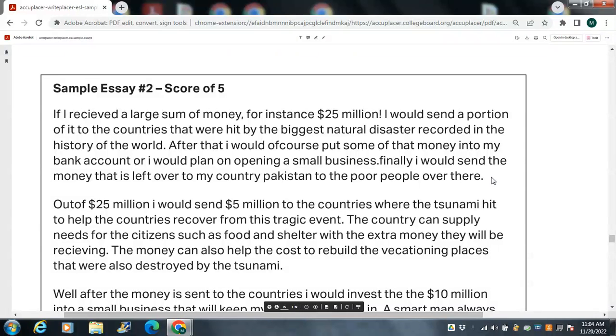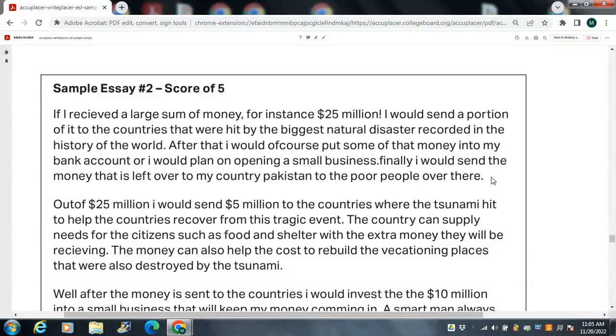So in this case, this is serving as a complex sentence because they have "finally, I would send the money," that's our independent clause, followed by our dependent clause, "that is left over to my country, Pakistan, to the poor people over there."